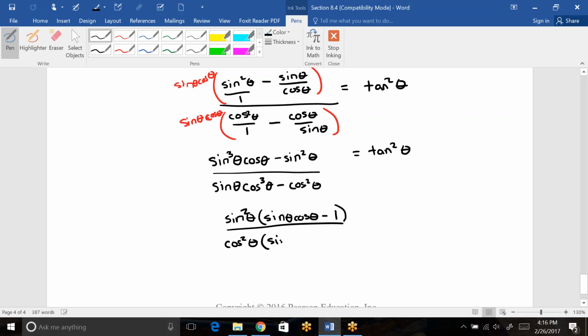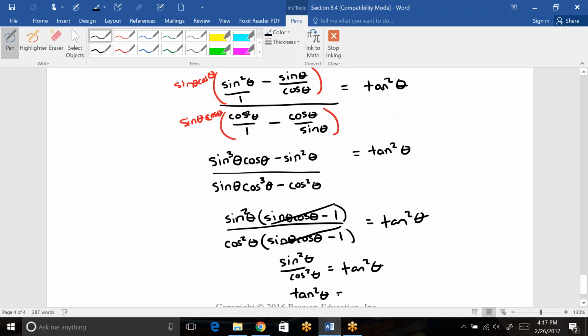That would leave me with sine theta cosine theta minus 1. And notice that this is a match, so we get sine squared theta over cosine squared theta equals tan squared theta, and sine over cosine is tangent, and since they're both squared, it is tan squared theta as well.